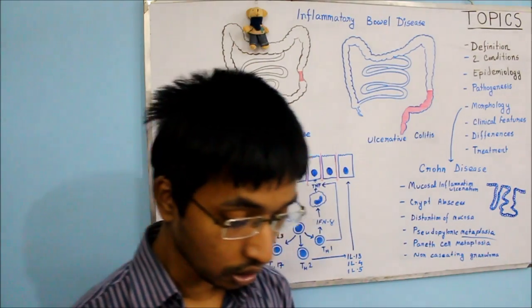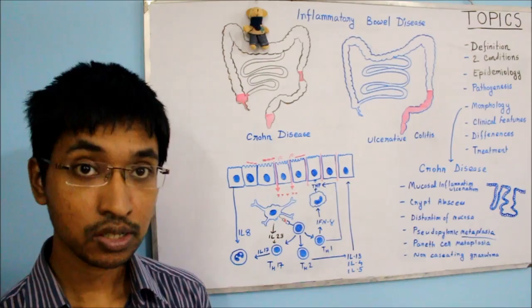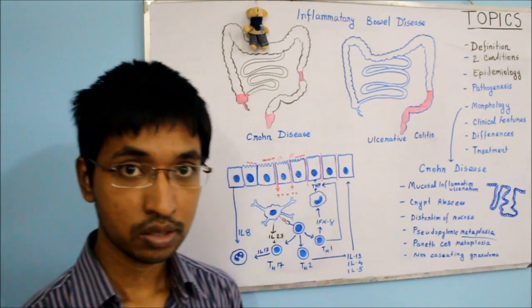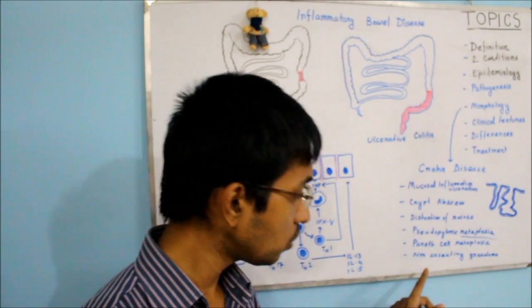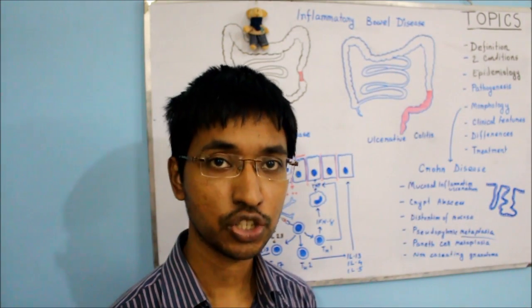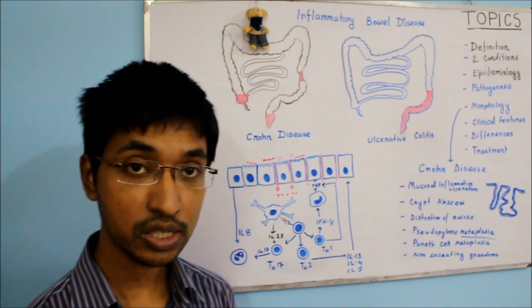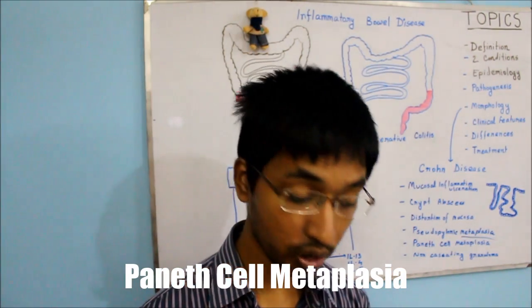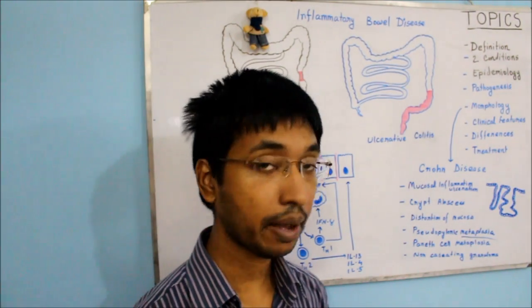So those cells, those gastric antral appearing glands, will now be present in Crohn's disease due to metaplasia, and that type of metaplasia is known as pseudopyloric metaplasia. We can also see another type of metaplasia in Crohn's disease, and that is known as Paneth cell metaplasia, and this type of metaplasia will happen in those regions, for example in the left colon, where Paneth cell is normally absent.